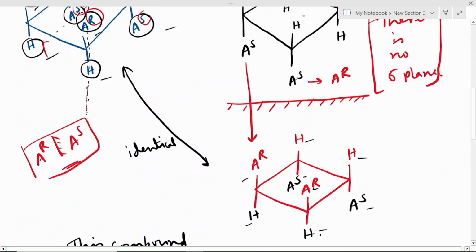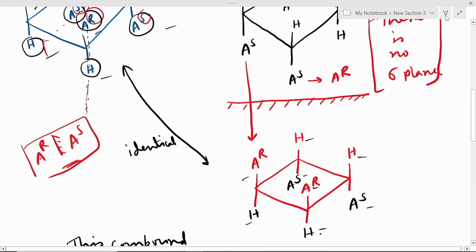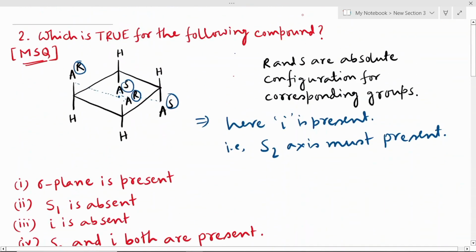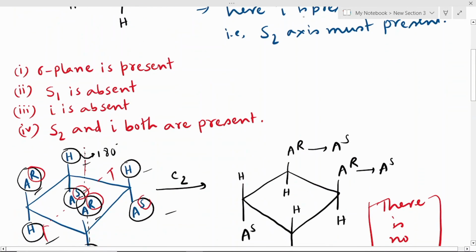In other words, we can say that this compound lacks S1 axis. So the correct option will be S1 is absent and S2 and I both are present.